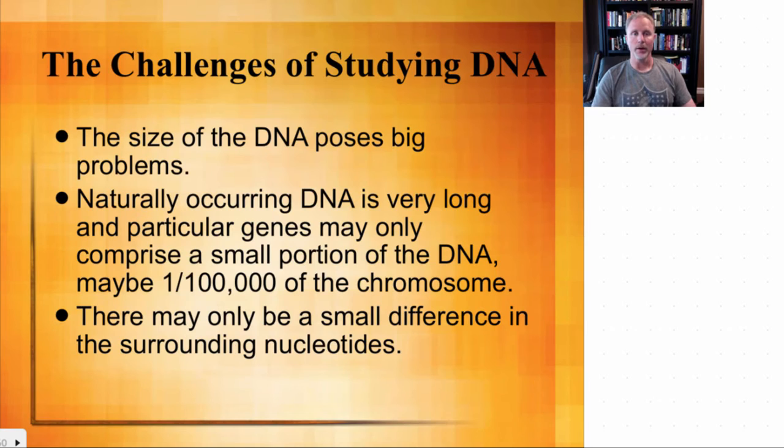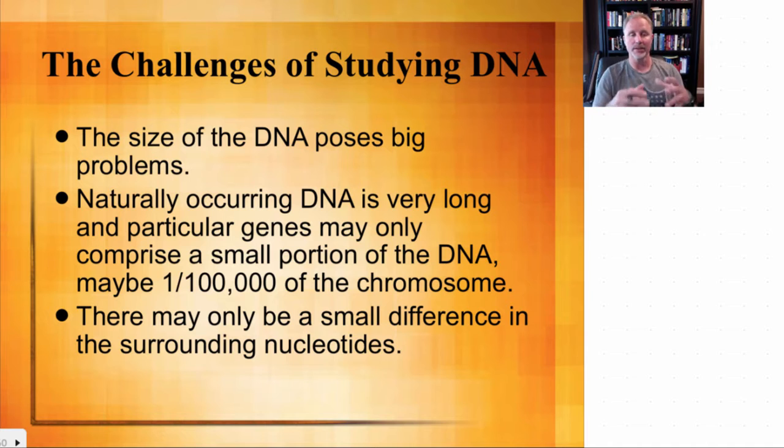Okay? All right. So some of the challenges to studying DNA is that it's very, very small. Obviously, if 6 feet of it fit within each one of our cells, then it's very tiny. It's just a thread-like macromolecule that's very difficult to see unless you have an electron microscope, of course. So naturally occurring DNA is really long.